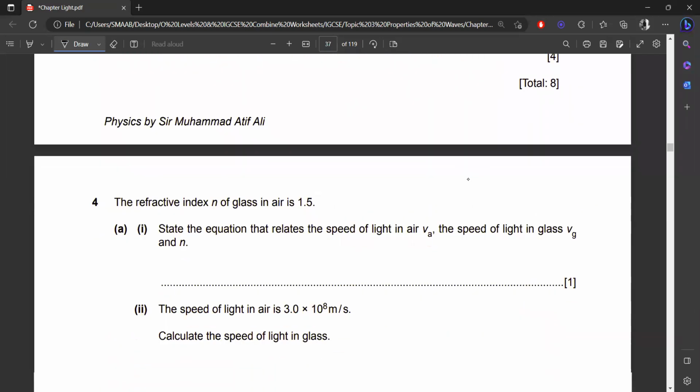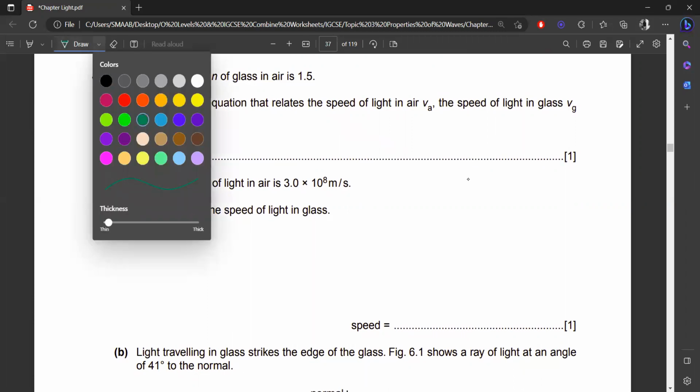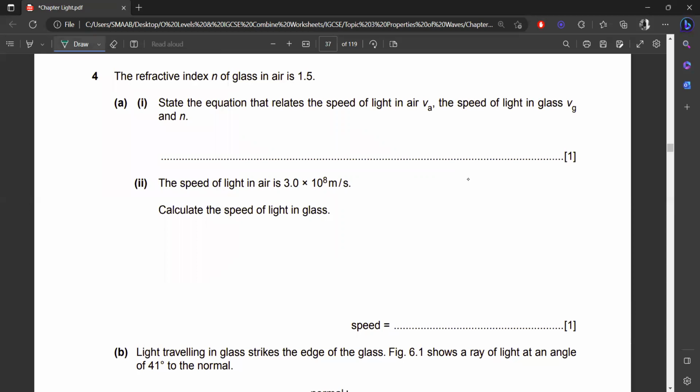Okay. So question number 4: the refractive index of the glass in air is 1.5. State the equation that relates the speed of light in air, the speed of light in glass, and n. So that is simple. What is the equation? n equals VA divided by VG. Yes.